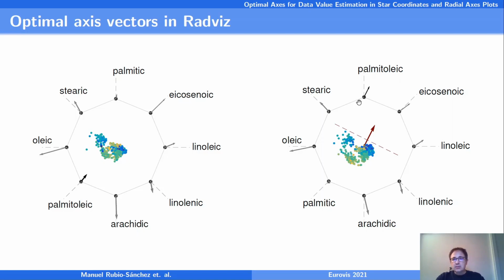Nevertheless, you can consider these directions when, for example, trying to see which points have the greater values for a particular variable. Now, if we didn't color the points in any way, we would assume that the points with larger palmitoleic values are these ones over here, because these are the points that are closest to the anchor.